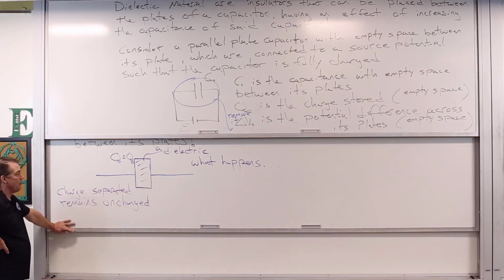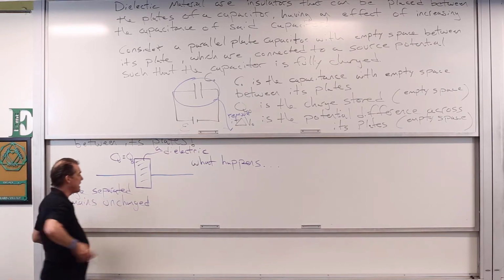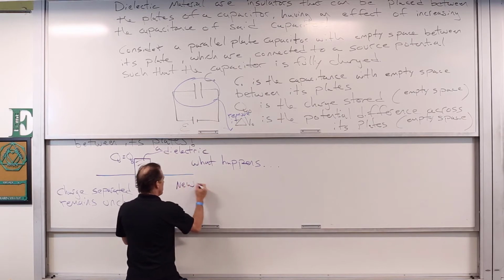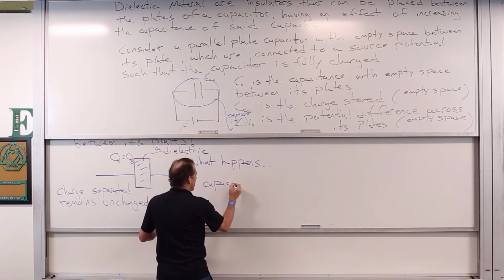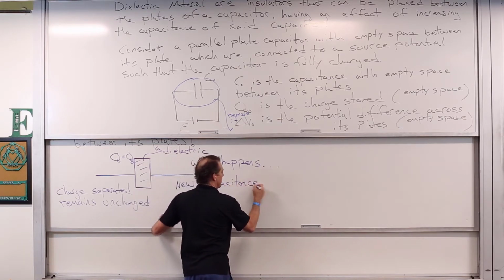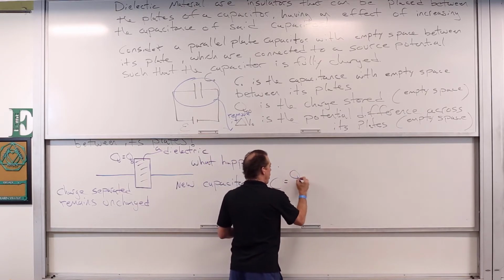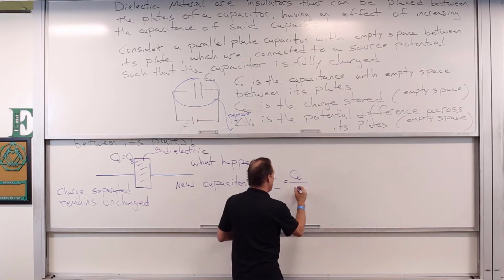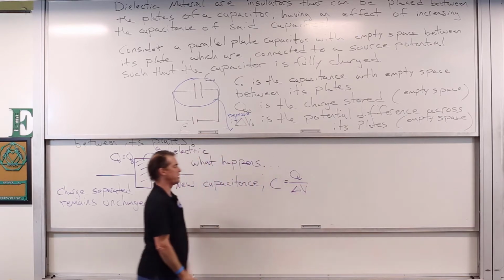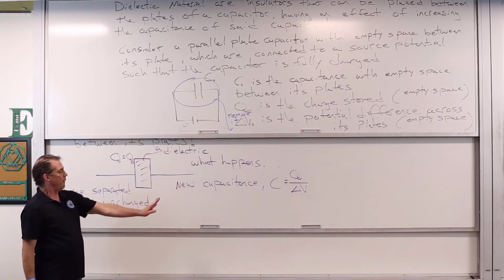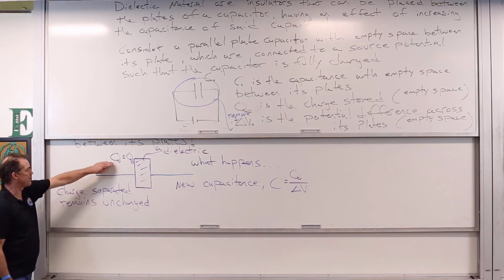All right, but the capacitance doesn't. And we're just going to go ahead and say the new capacitance is C, which has to be the charge stored, separated, divided by the potential difference across the plates. Well, as we just said, the charge remains the same.